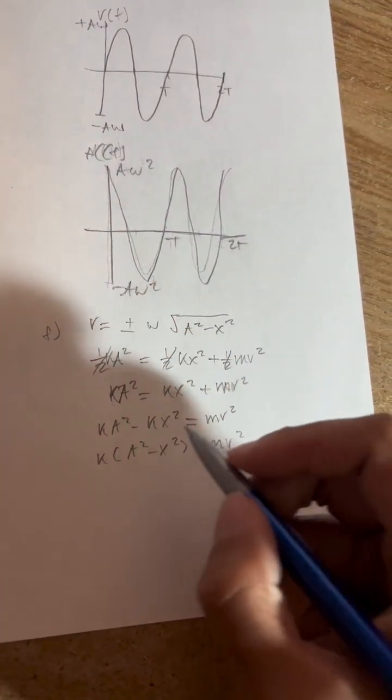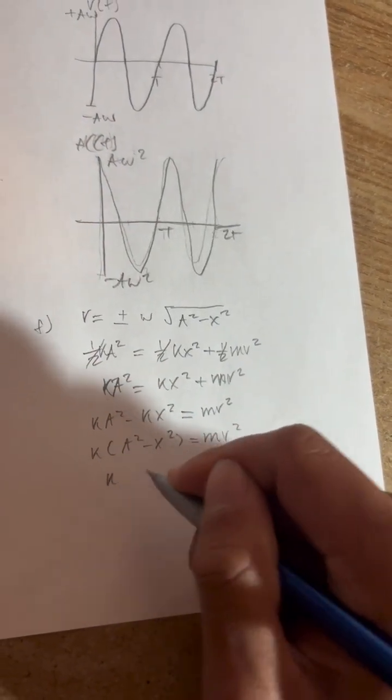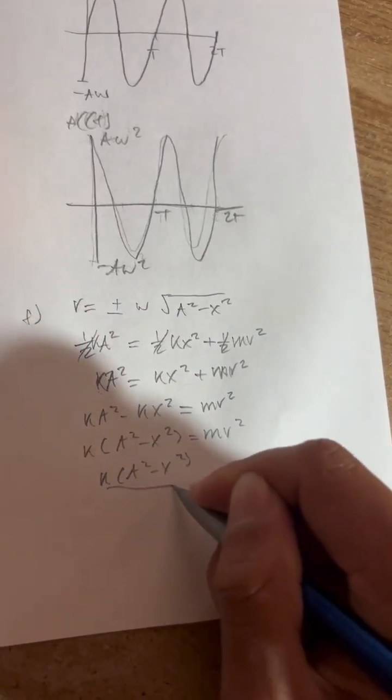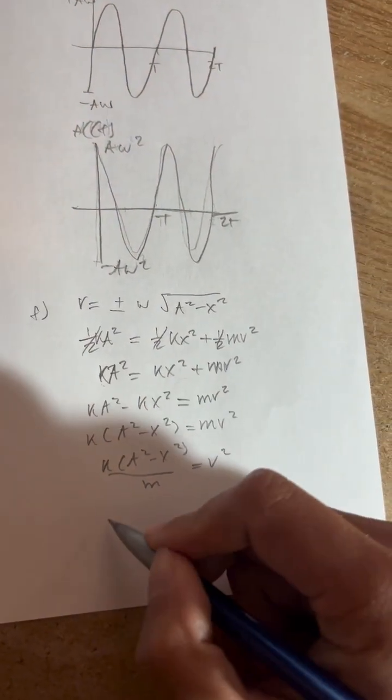And I'm going to square root it. Oh, actually, I'm going to divide it by m first. That's smart. So I'm just left with v squared. And then after that, I'm going to square root it.